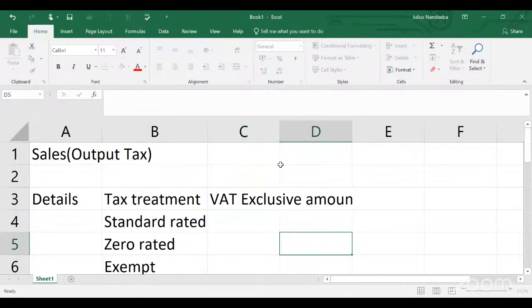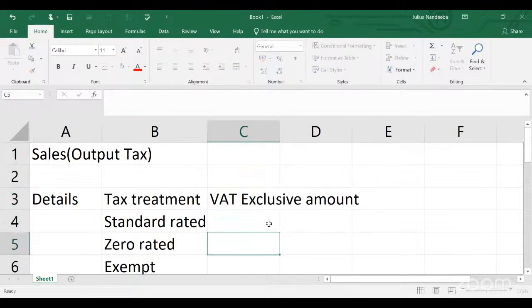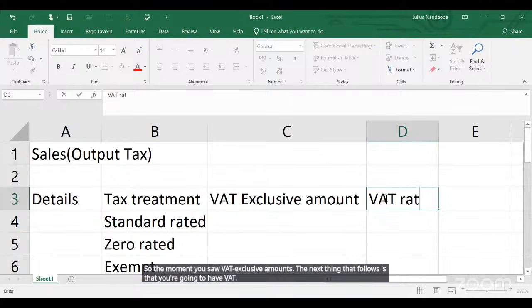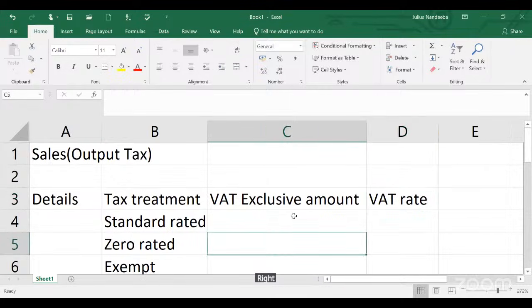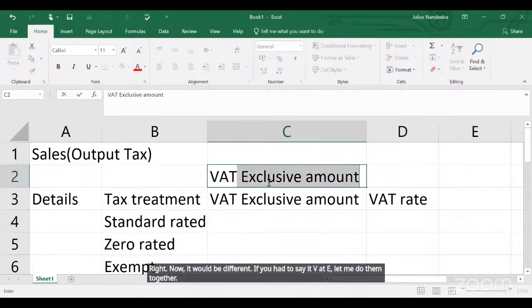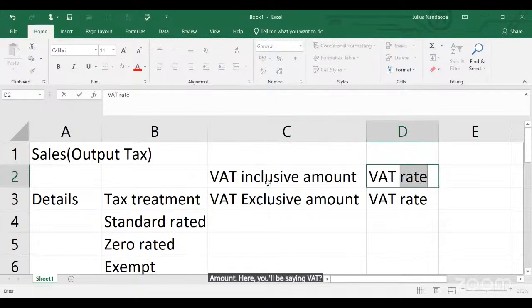Let me first deal with this one, VAT exclusive amount. So the moment you say VAT exclusive amount, the next thing that follows is that you're going to say VAT rate. Now it would be different if you had said VAT inclusive amount. Here you'll be saying VAT fraction.